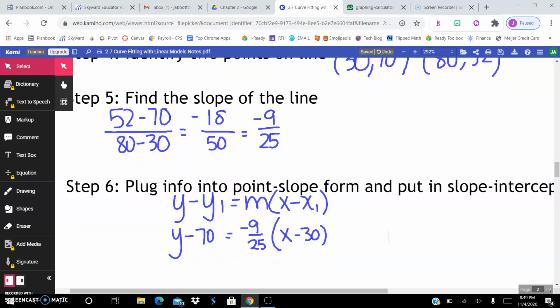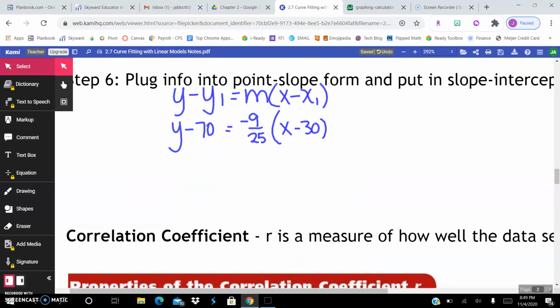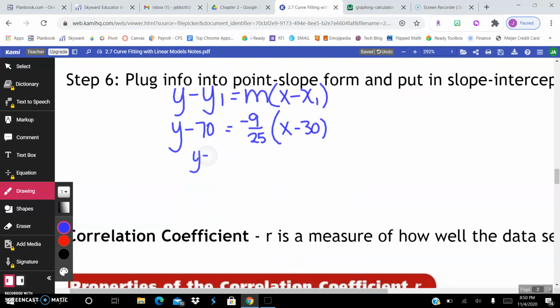Now we have to distribute that negative 9/25. So we're going to have y minus 70 equals negative 9/25 x. And a negative times a negative is going to be a positive. 9/25 times 30 is going to be 10.8. And then we're going to have to add 70 to both sides.